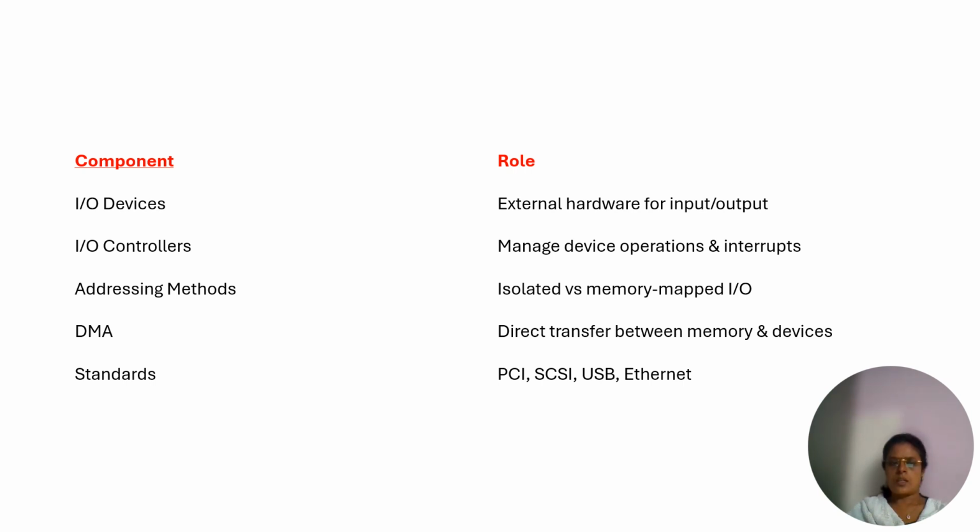To summarize the components and their roles: IO devices are external hardware for input and output, and IO controllers manage device operations and interrupts. Addressing methods are isolated or memory-mapped IO. DMA transfers data between memory and devices without direct CPU involvement. The standards are PCI, SCSI, USB, and Ethernet.